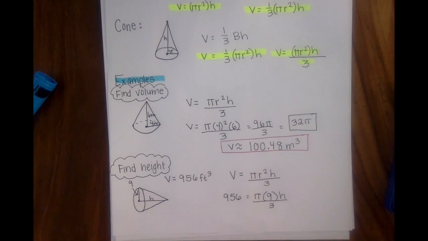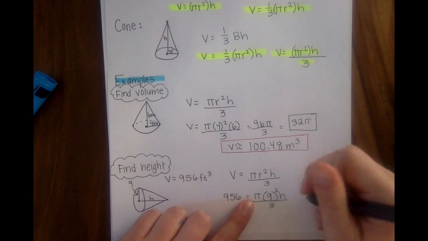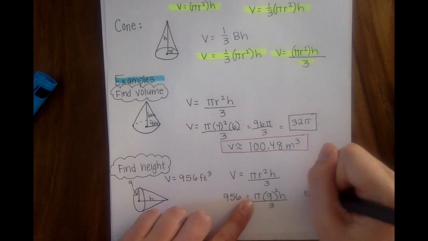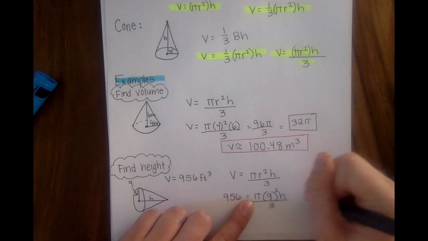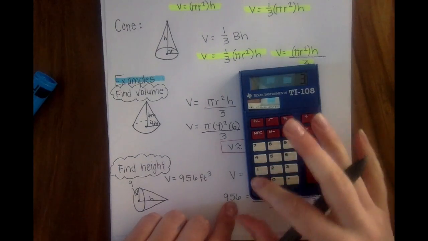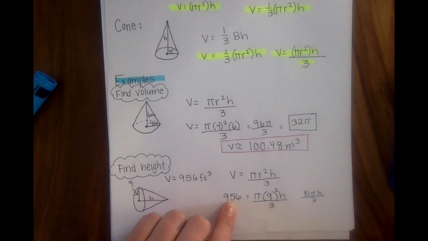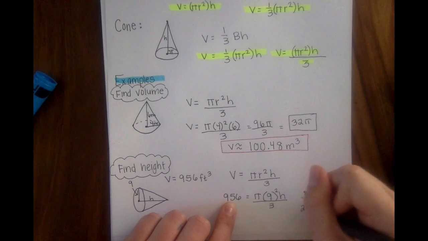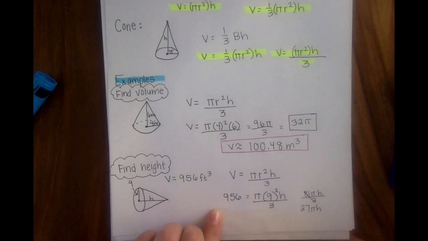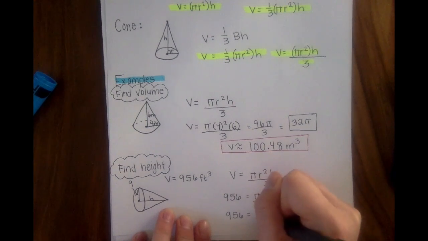So I know that 9 times 9 is 81, so I have 81 pi times h over 3. Well, 81 divided by 3 is 27, so this really is 27 pi times h. So now I have 956 equals 27 pi times h.